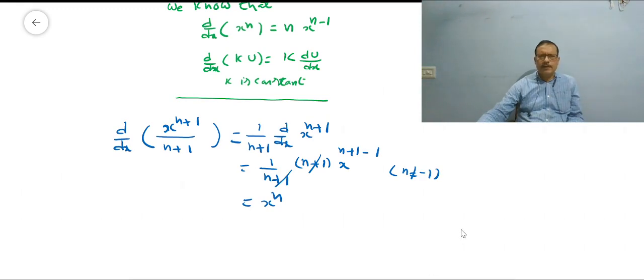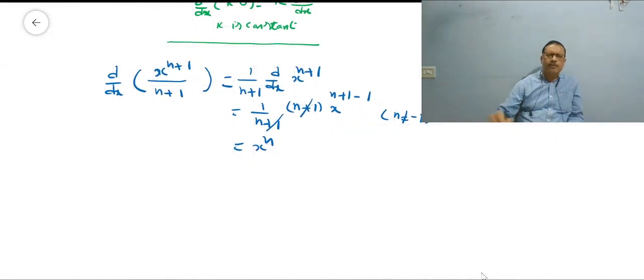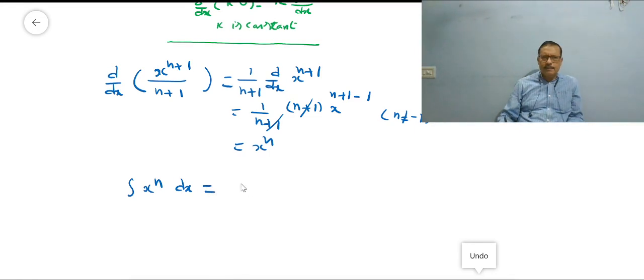So d by dx of x to the power of n plus 1 by n plus 1 is equal to what? x to the power of n. So integrating, what will we get? The integral of x to the power of n dx is equal to x to the power of n plus 1 by n plus 1 plus constant.